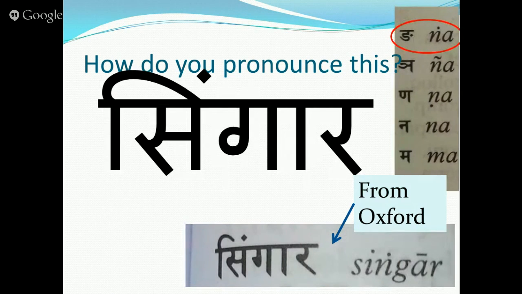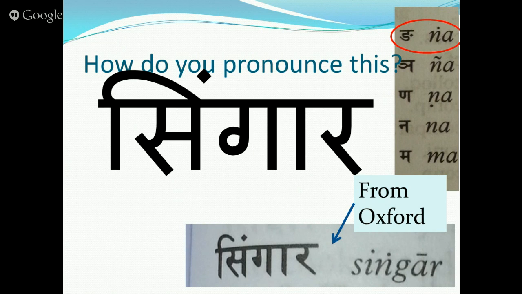How do we pronounce this? Well, here if we look in Oxford, we will see N with a dot over it. What is the N with the dot? Well, if we look in the beginning, it tells us that the N with the dot over it is simply the N sound that goes with ka, ga, and so on. That symbol we never use, but it is the first line which starts in the back of the throat, as we learned two lessons ago.